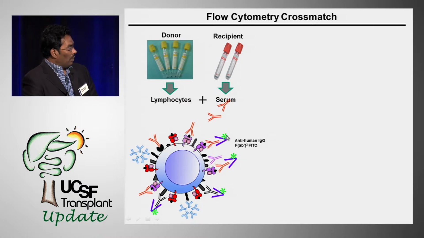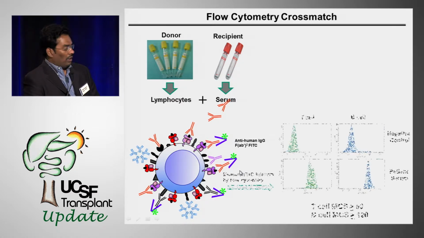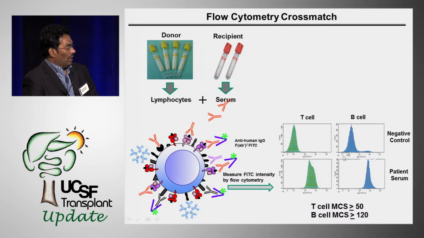The secondary antibody has a fluorochrome, which can be detected by flow cytometry. The more antibody binds, the higher the stain, so you can detect it in the flow cytometry.